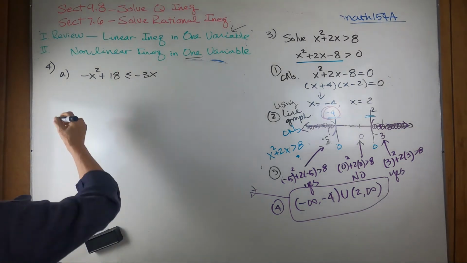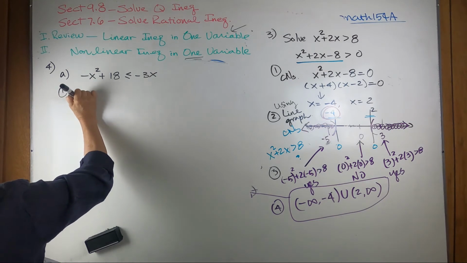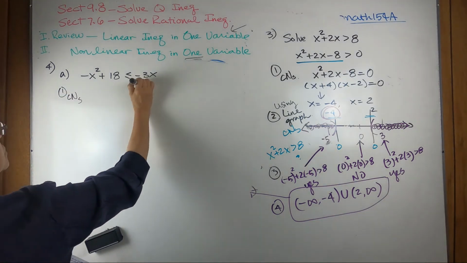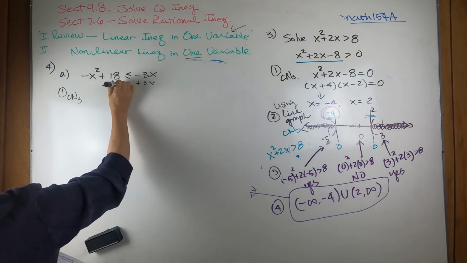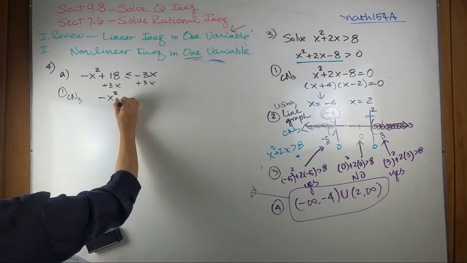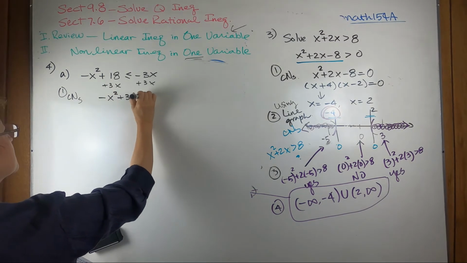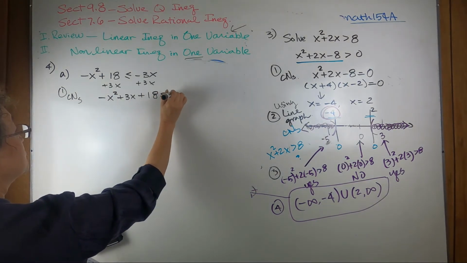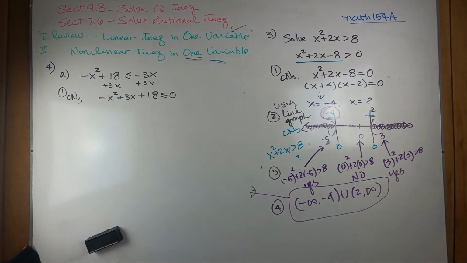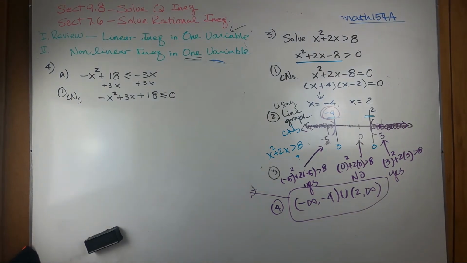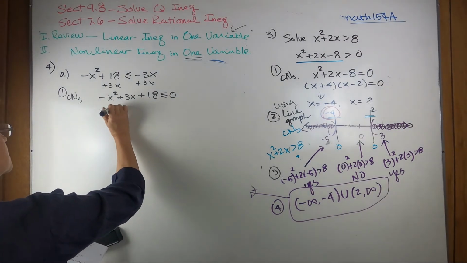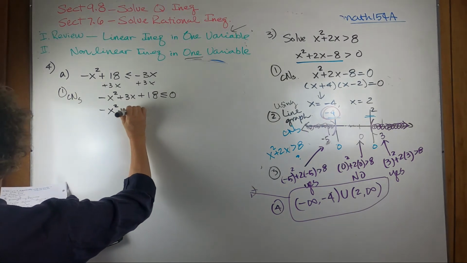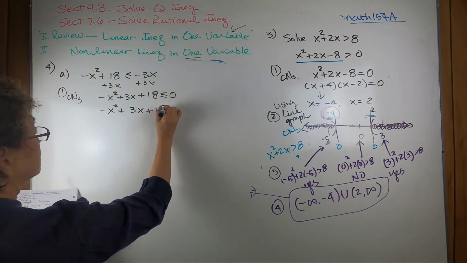So first we write it in standard form: negative x squared plus 3x plus 18 less than or equal to 0. Then we write this as an equation to find the critical numbers: negative x squared plus 3x plus 18 equals 0.